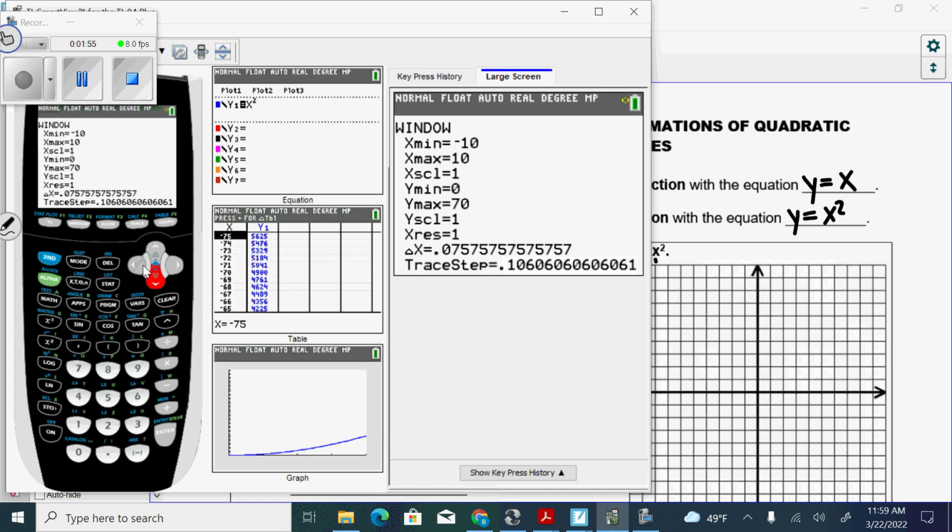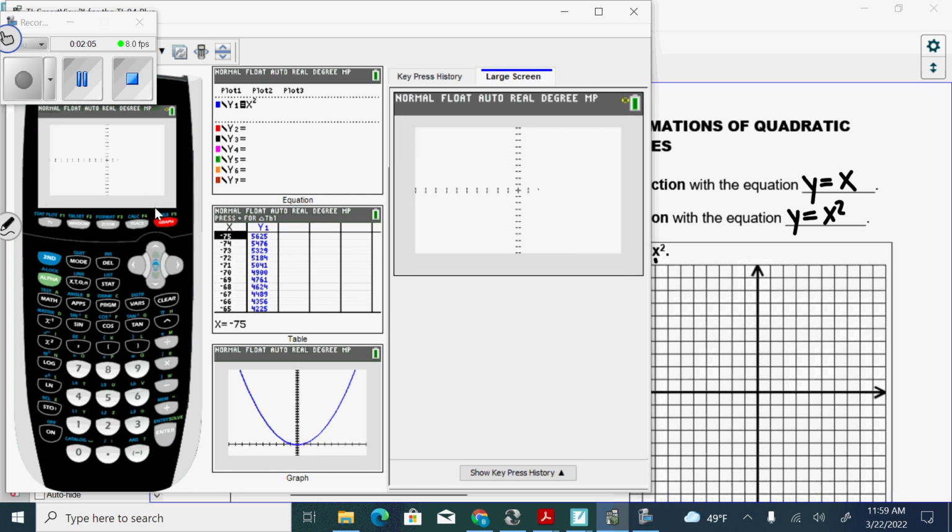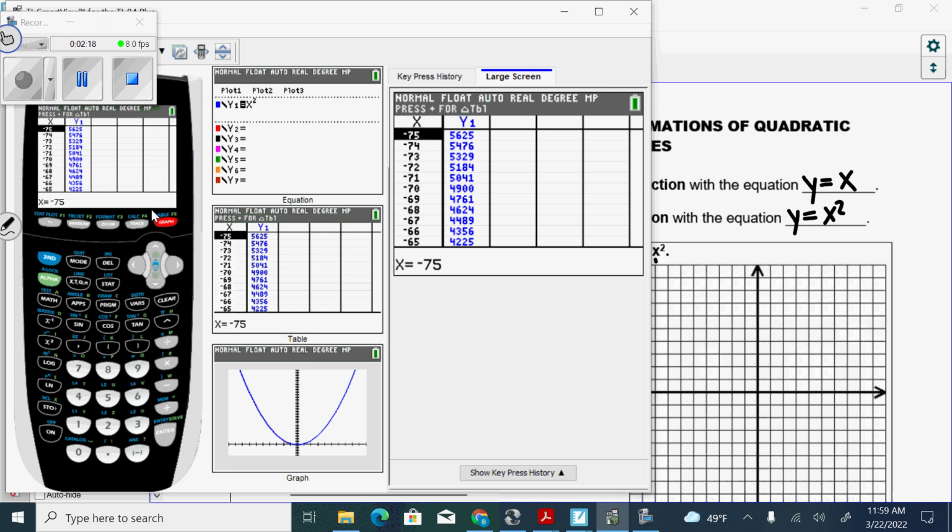And then if you notice on the example itself, it wants us to fill in the table. So basically fill in some values for what this would look like. Okay, give us some coordinate points. Well, we can see it makes that U shape, right? I'm going to press second graph and pull up my table.